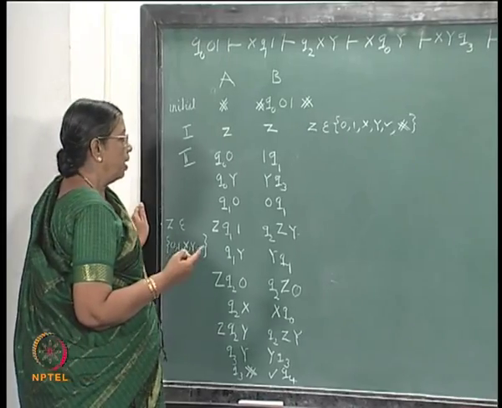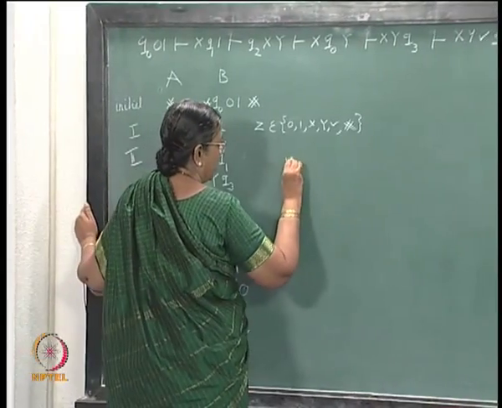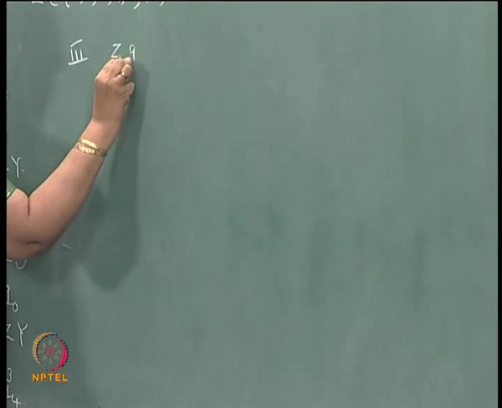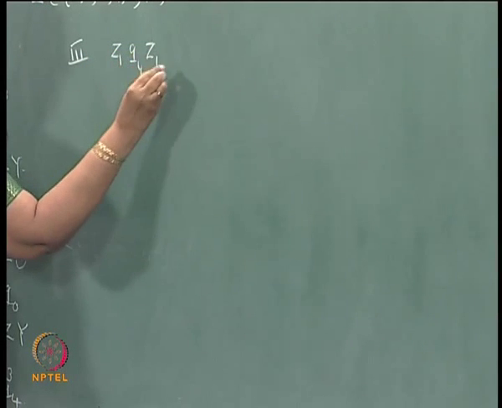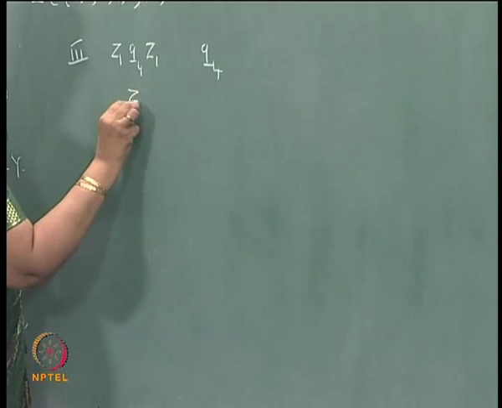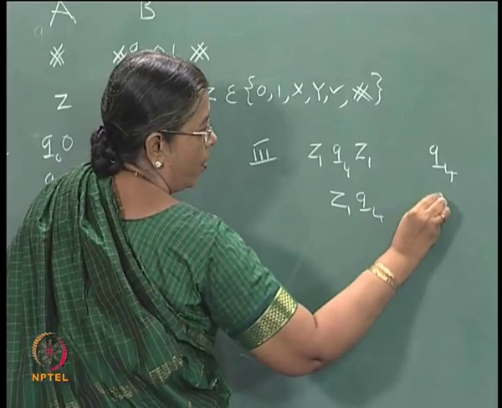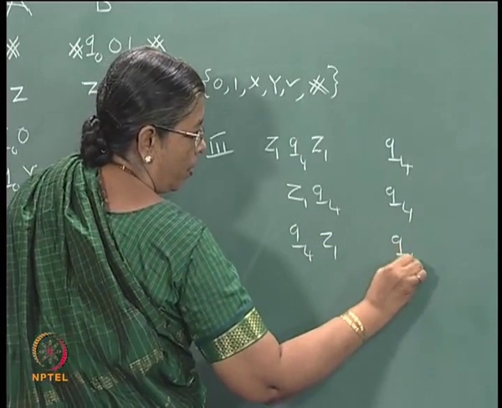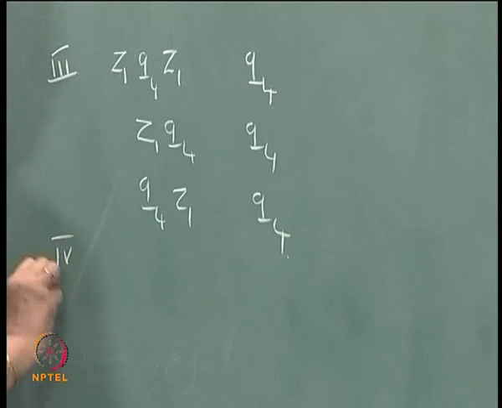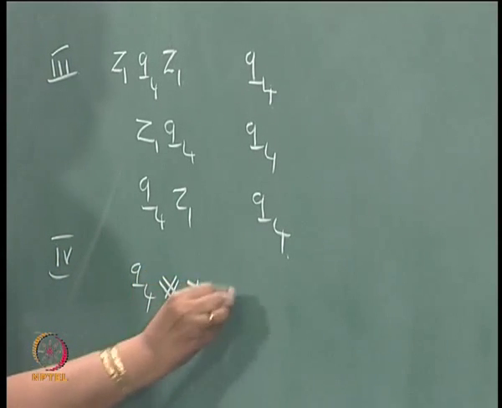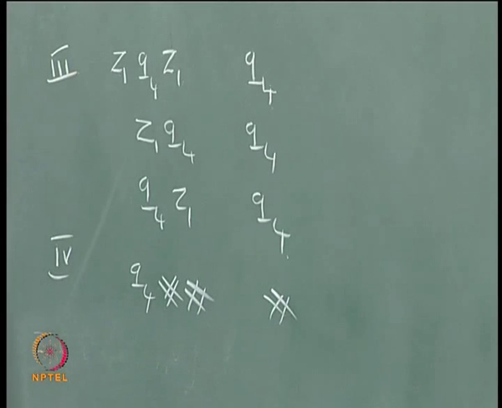So the other sets of pairs are, for any symbol Z1, Q4 Z1 with Q4, Z1 Q4 with Q4, and Q4 Z1 Q4 with Q4. The last pair will be Q4 hash hash with hash.